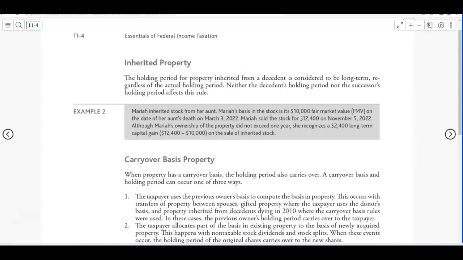Mariah sold the stock for $12,400 a few months later in November of the same year. Although Mariah's ownership of the property did not exceed 1 year, she recognizes $2,400 long-term capital gain on the sale of inherited stock. Got it? So inherited stock is going to be long-term capital gain no matter what.